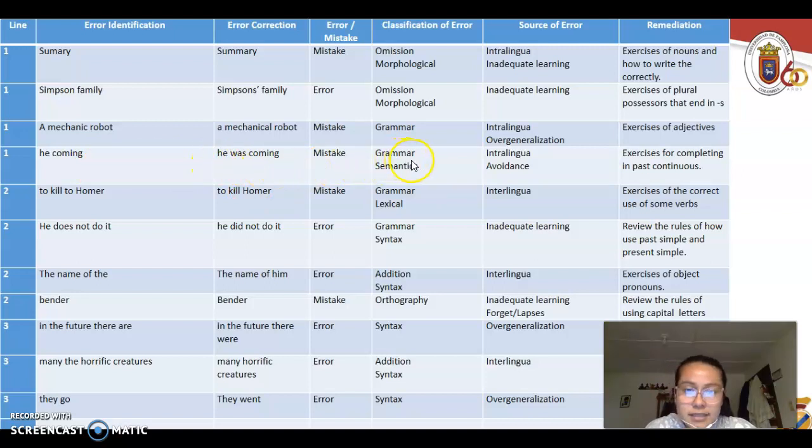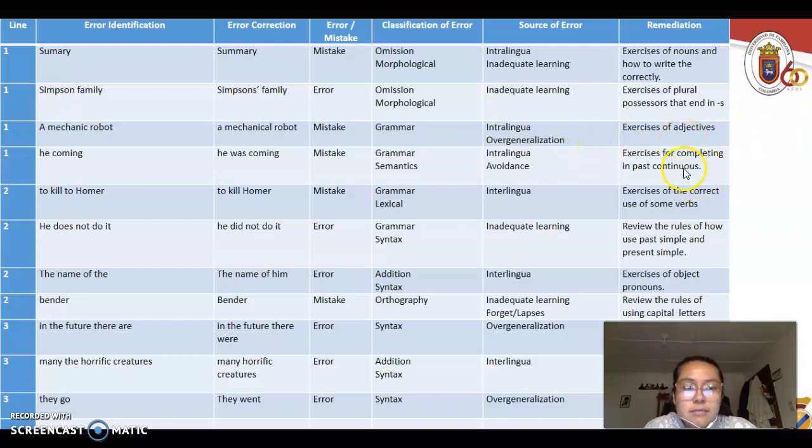So in this case the classification of error is the grammatic part. And the source of error can be intralingual, because are errors caused by the second language process. And we have avoidance, that means when the learner avoids some structures. So maybe he confused the times.